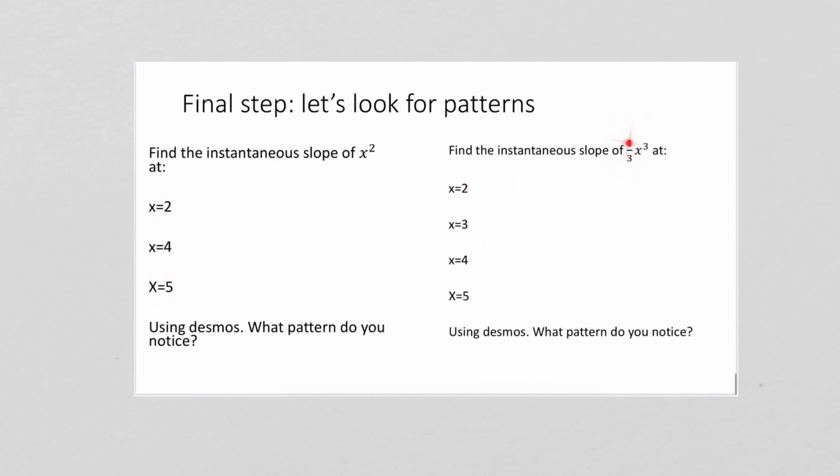It might seem kind of weird that we have this 1/3 out front, but there's a reason for that, and as we get more into patterns, you'll see why I did that for this particular example. Your function should be f of x equals 1/3 x cubed. And then you're going to do the instantaneous slope at these different x values and fill those into your Google Doc. And that is all we have for today.